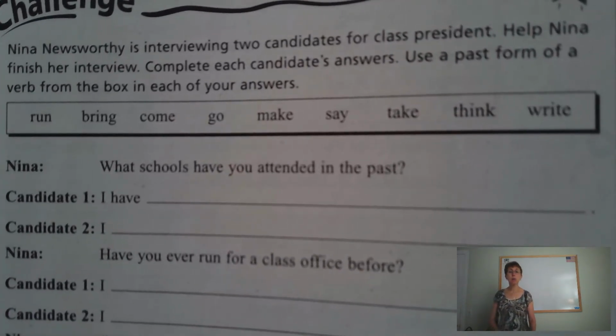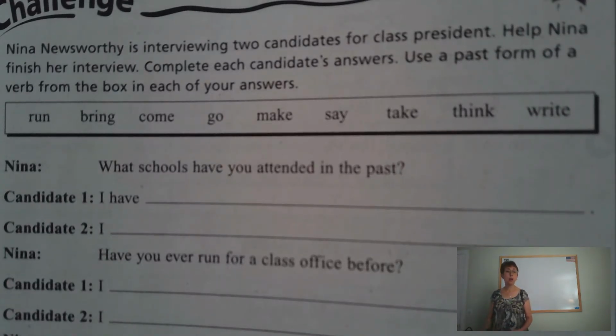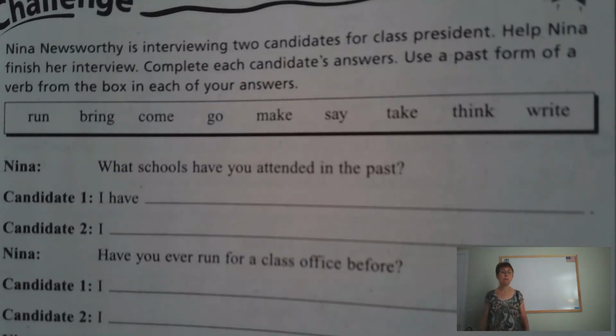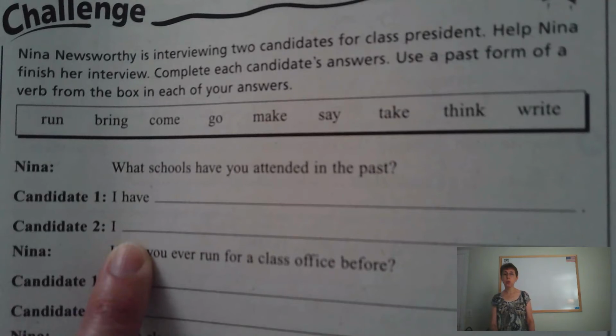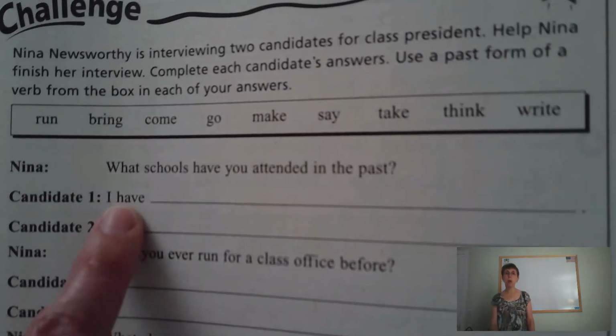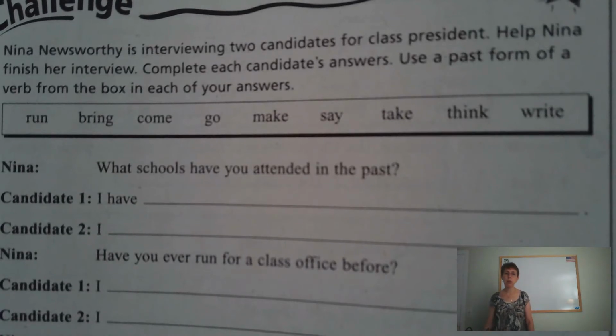So candidate 1 starts out with, I have blank. So they're using a helping verb there with your main verb, but candidate 2 just starts out with I blank. So basically, if they do not give you a helping verb, you do not use a verb with a helping verb. When they give you a helping verb, you're going to use a form of the verb with that.